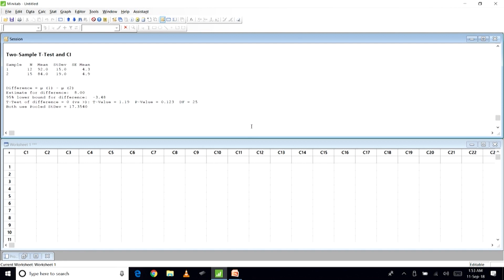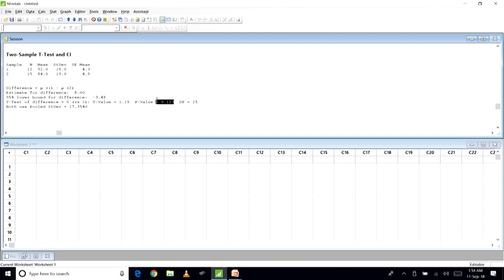If you look at the p value over here, the p value is 0.123. In fact, other information is available here: sample 1, sample 2, their mean, standard deviation. We are saying that the difference is 0, right. This is our null hypothesis.